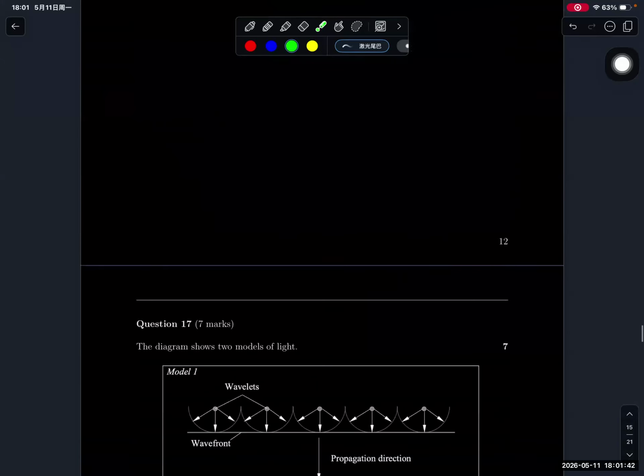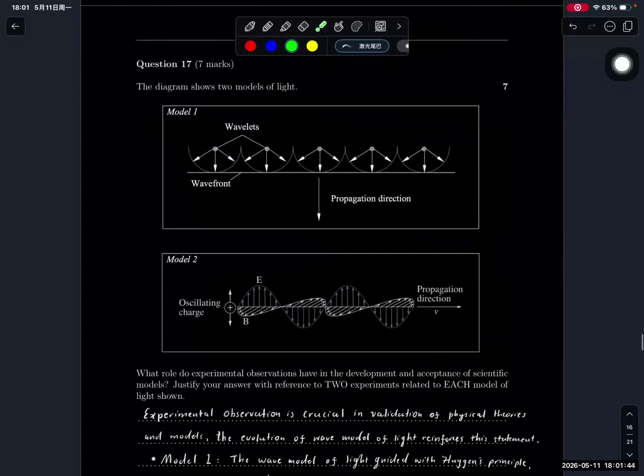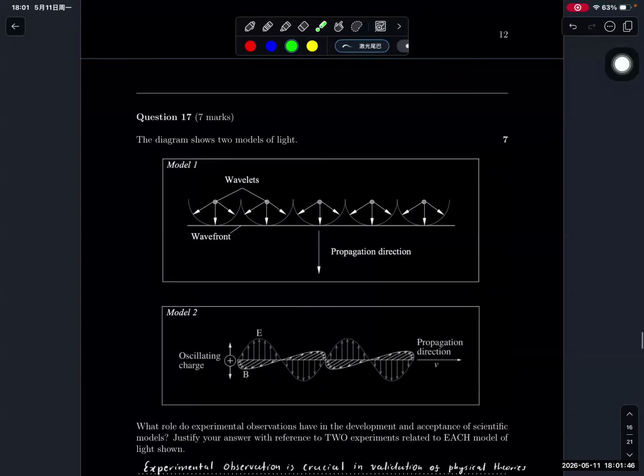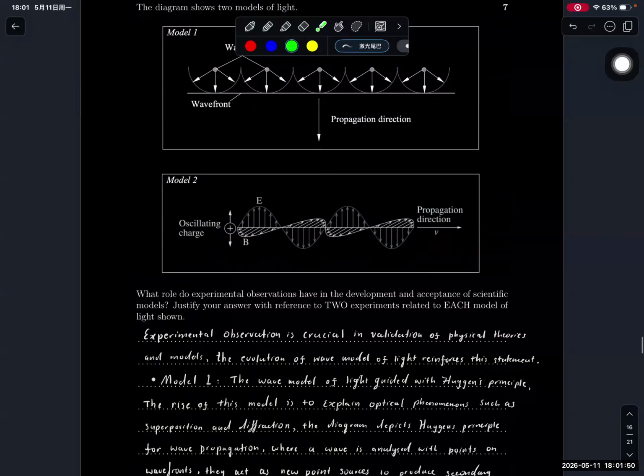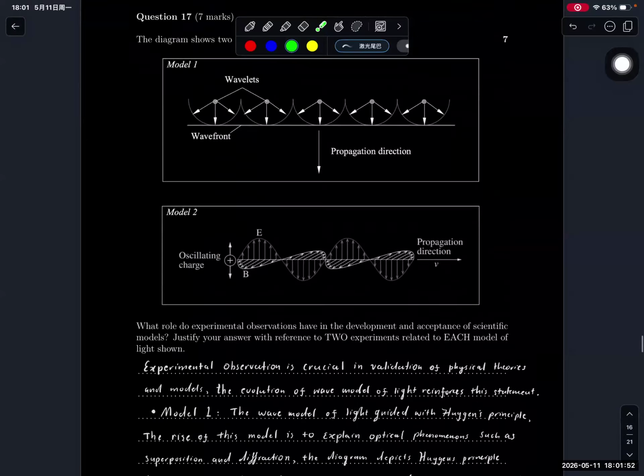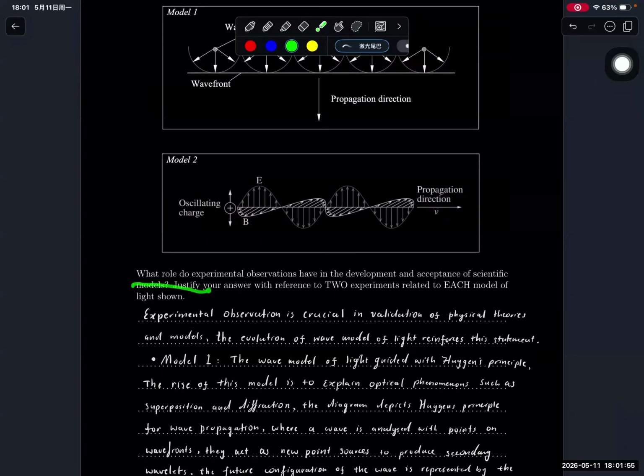And then the next one, this one is a big boss. It talks about the Huygens model of light, and the Maxwell's model of light. The question specifically asks what role experimental observations have in the development and acceptance of these scientific models.